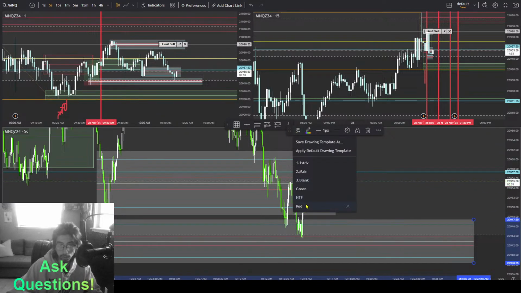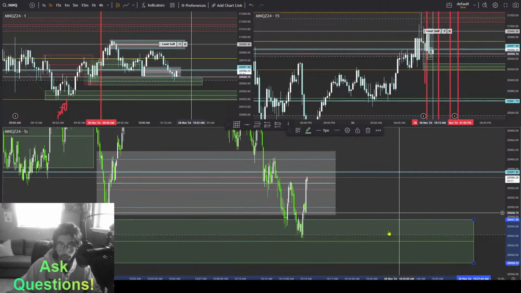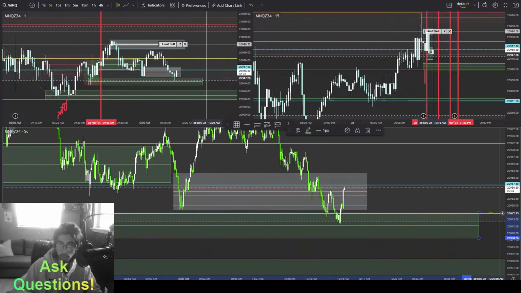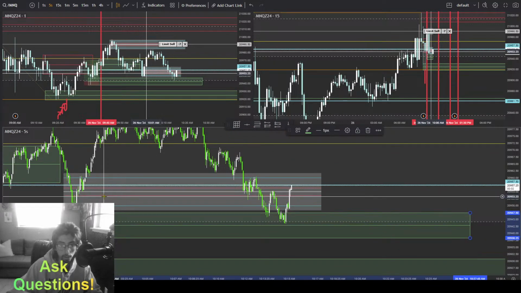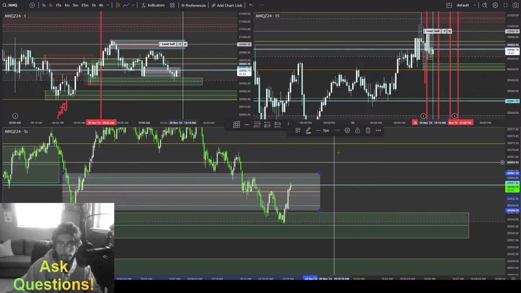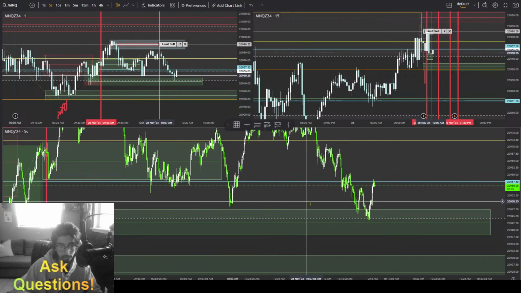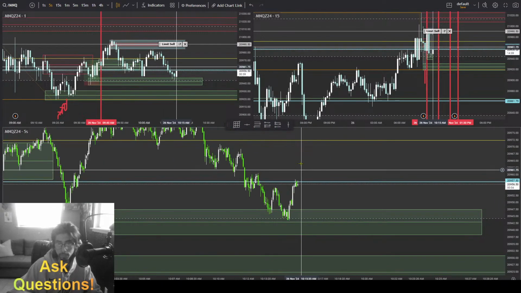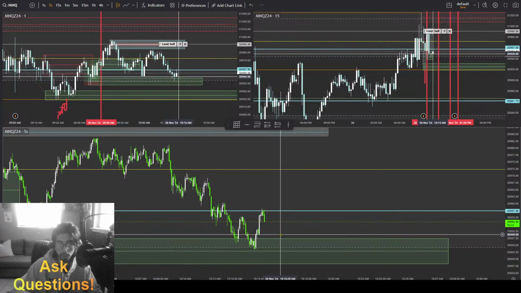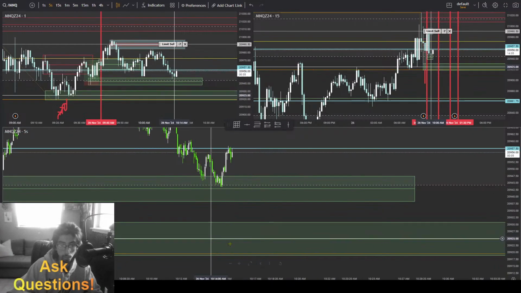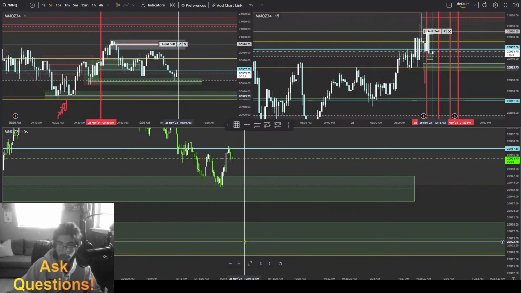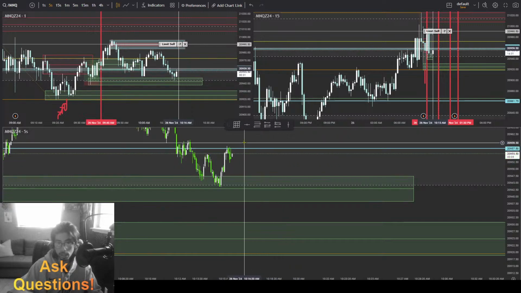So let's change this to green. Let's leave it. Got a strong reaction to it. We don't need this zone anymore. Get rid of this one. Okay. We just sit there and watch. If we break this green zone below, then it can really confirm that we're bearish.